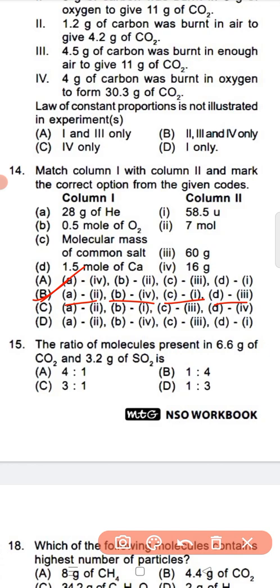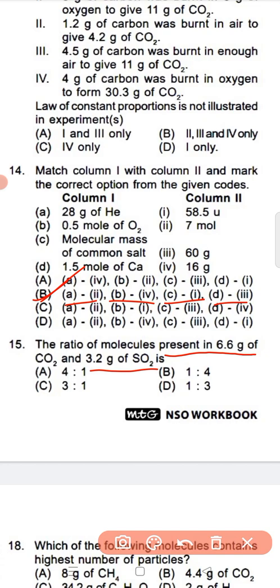The ratio of the molecules present in 6.6 gram of CO2 and 3.2 gram of SO2 is, that is 6.6 gram of CO2. So 44 gram of CO2 contains 6.022 into 10 to the power 23. 6.6 gram of CO2 contains how many number of molecules of CO2, that you can find out, or number of moles also you can find out.